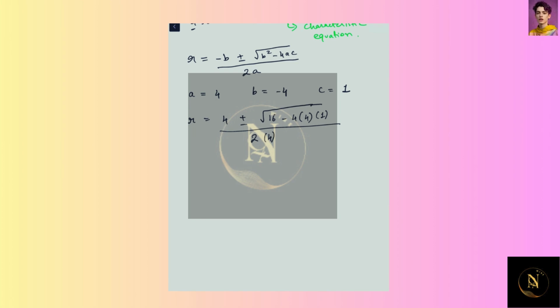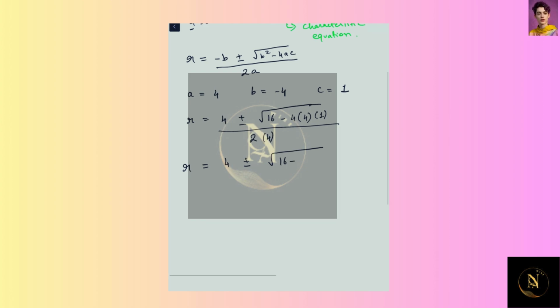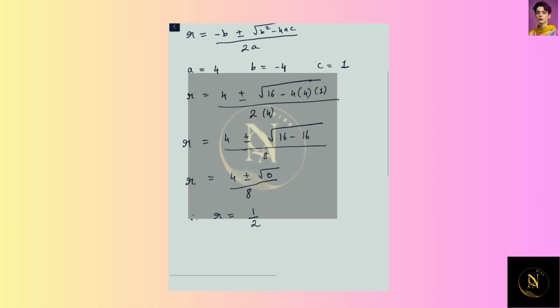Solving this, r equals 4 plus or minus the square root of 16 - 4 × 4 × 1, which is just 16, over 4 2s are 8. Therefore r equals 4 plus or minus the square root of 0 over 8, and therefore the value of r is just 1/2.